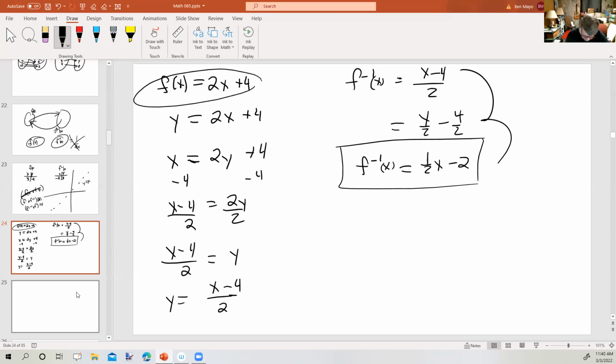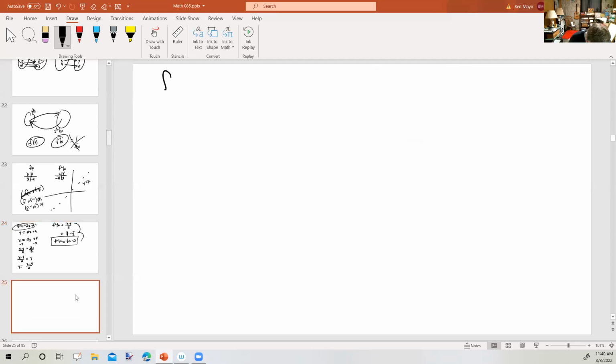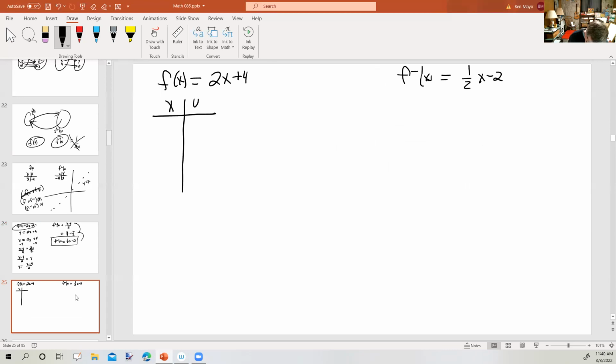All right, so let's take a look at these again. f of x equals 2x plus 4. f inverse of x equals 1/2 x minus 2. Let's find some ordered pairs for f of x. How about -1, 0, 1, and 2?